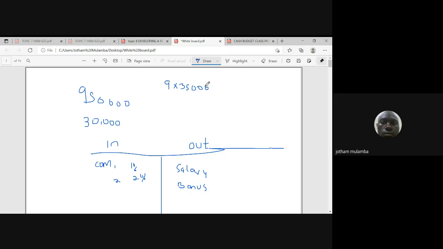So we want to multiply so that we see how much money this company pays as salaries for the whole year. Then we divide it by 12 so that we are able to ascertain how much the company pays per month. So anybody who can assist us do that computation?